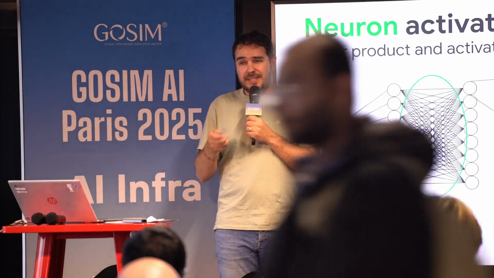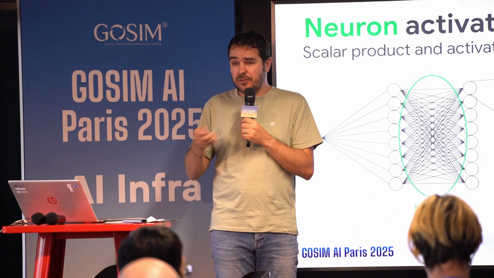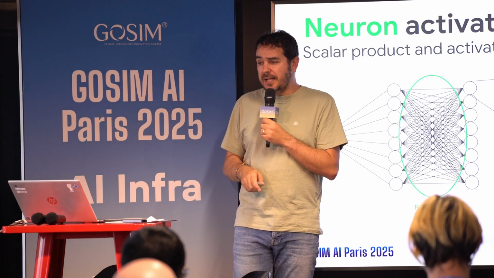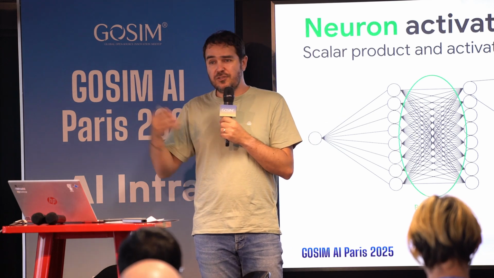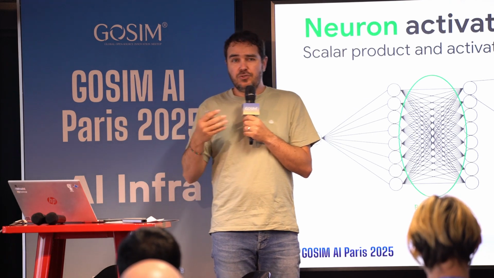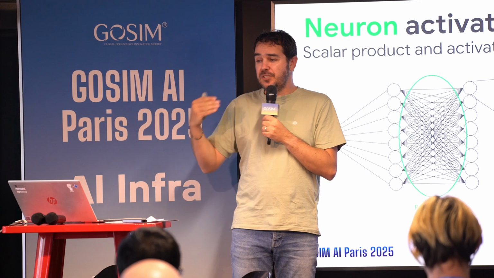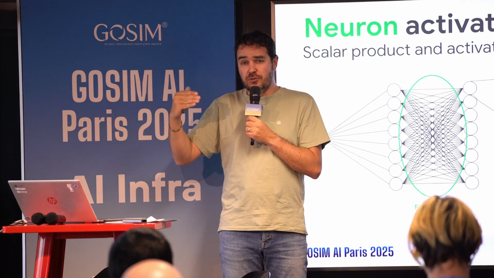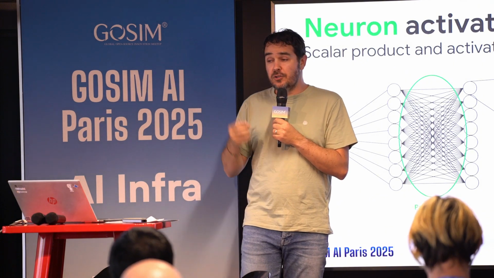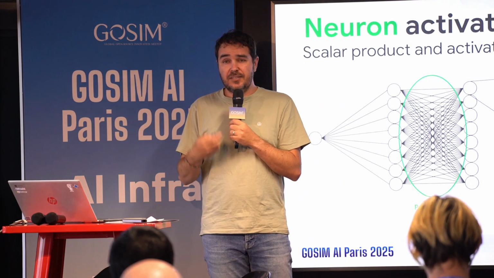And what the neuron takes as input is a vector of tokens. So here you have a vector, the input of the neuron, and the parameters of the neuron. To check if you have an alignment between the configuration of the neuron and the inputs, you are performing a scalar product and getting a value.